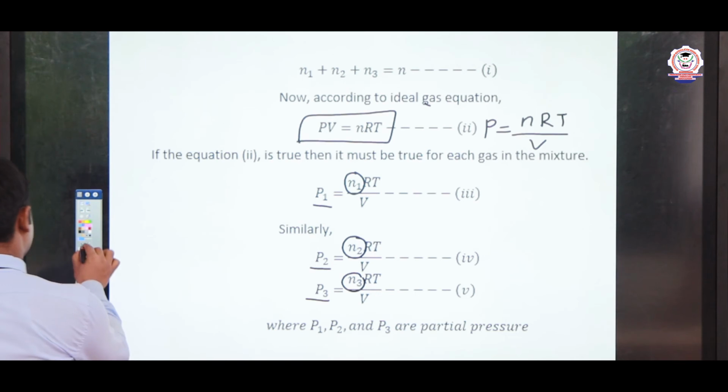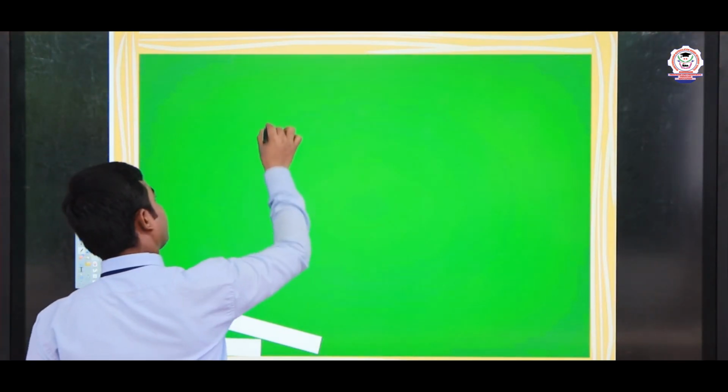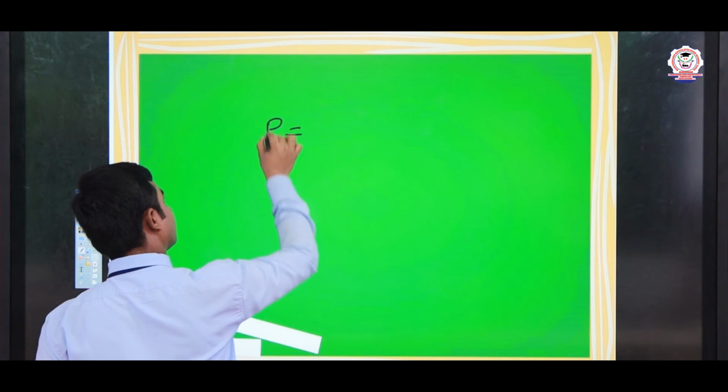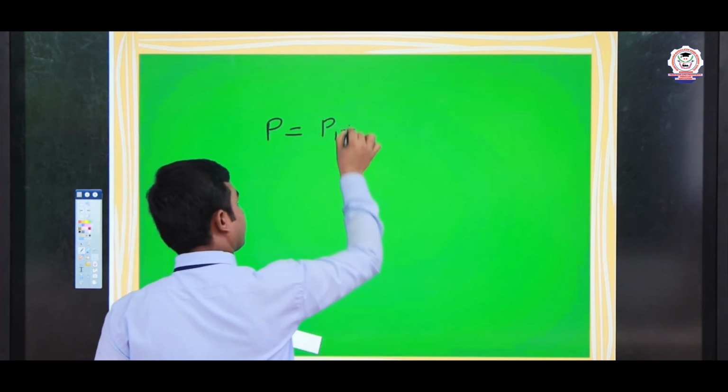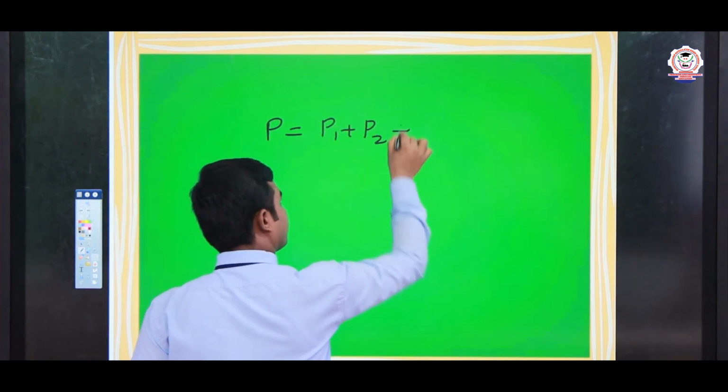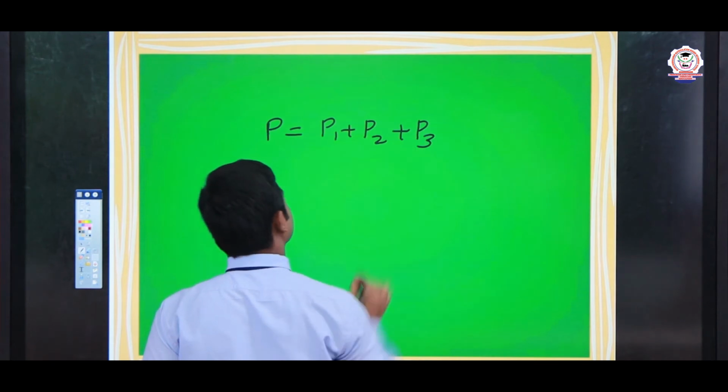Now we go to the next one. To find the total pressure, P is equal to P1 plus P2 plus P3.